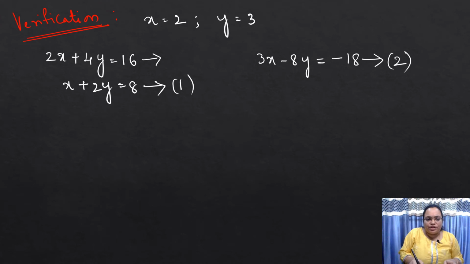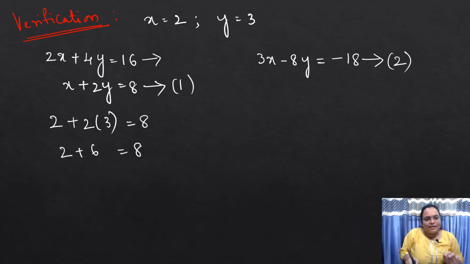Now let us substitute the values of x and y. So x is equal to 2, right? 2 plus 2 of 3 is equal to 8. 2 plus 6 is equal to 8. This is 8 is equal to 8, right? So the values of x and y satisfy this equation on both sides. Okay. See, when you substitute x equals 2 and y equals 3 in the equation 2x plus 4y is equal to 16, we will see.